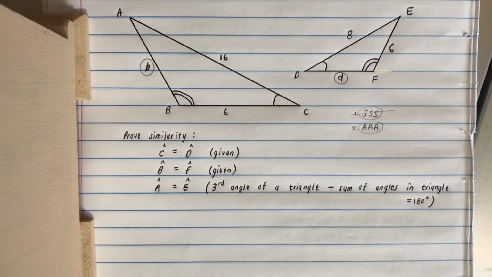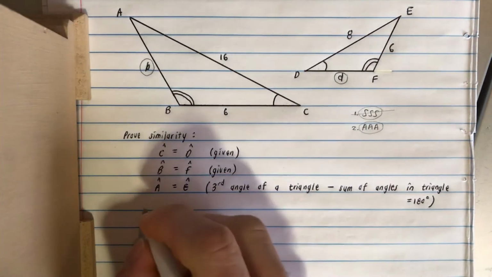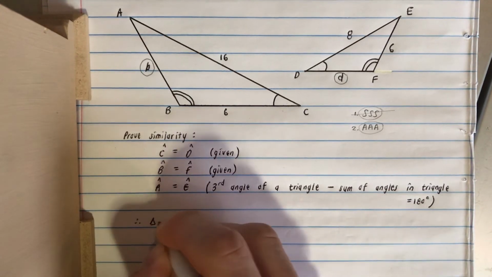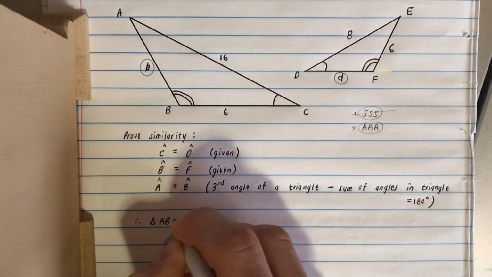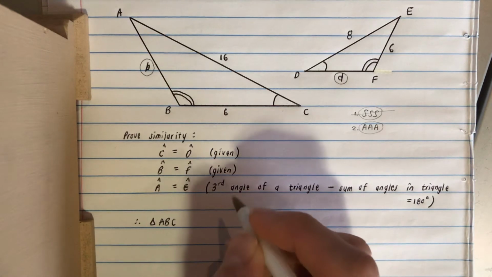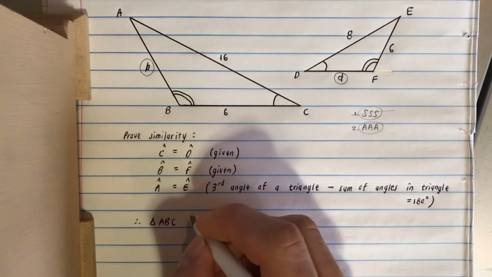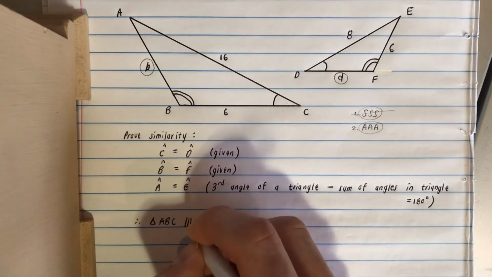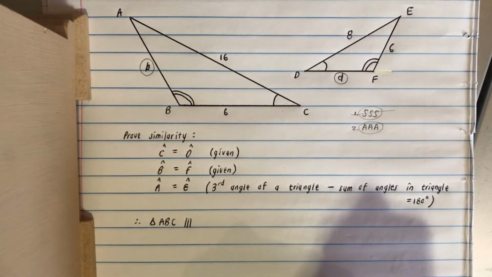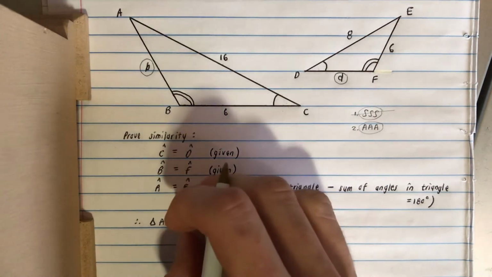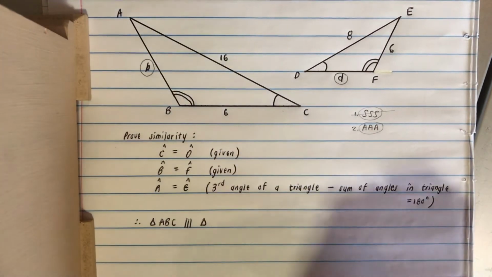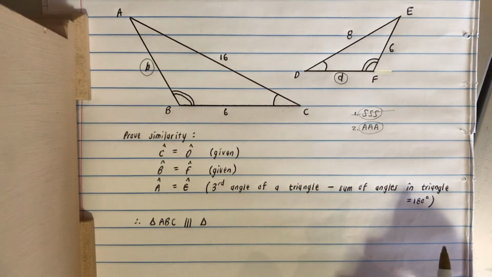Okay, so now we've proven similarity. So we can say, therefore, triangle ABC is similar. Now the symbol that we use for similarity is 3 vertical lines like that. Congruency, it's flipped around, right? To triangle, and now remember that the order is extremely important here.